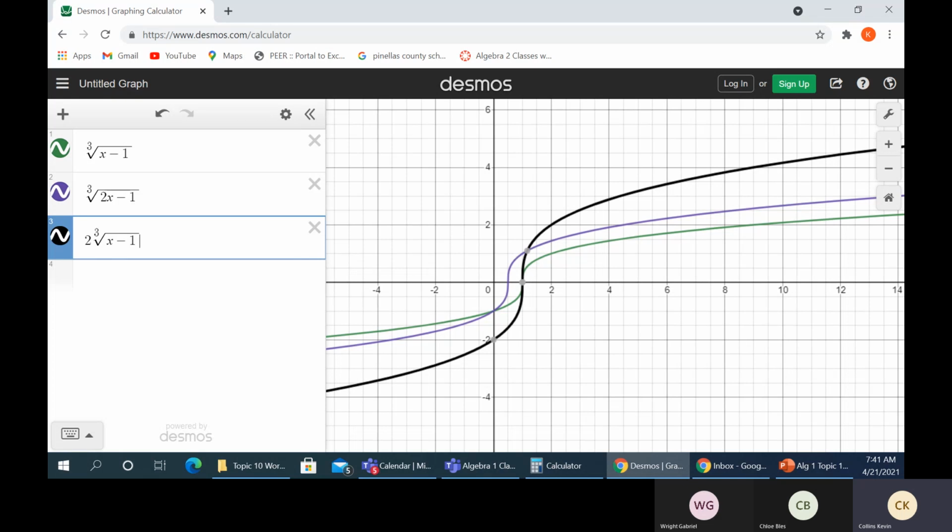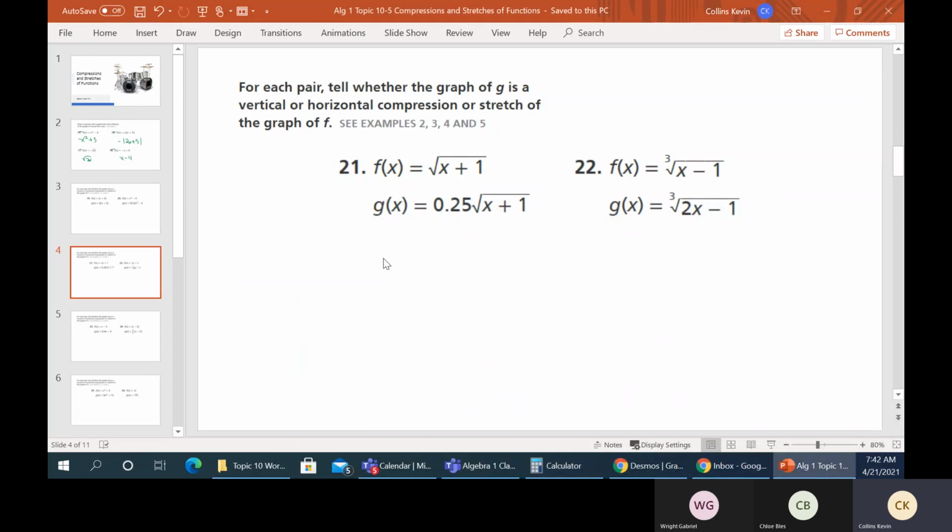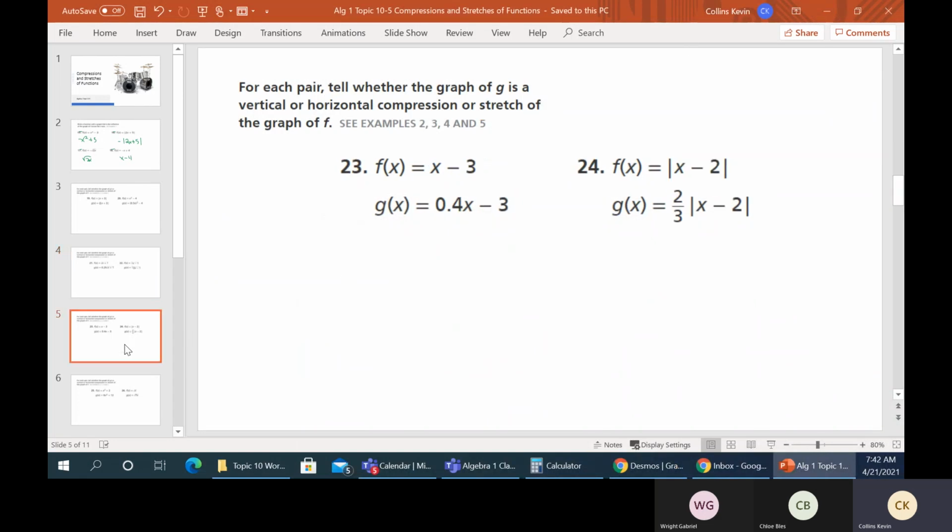Like I said, again, the one in purple actually changed the position of it as well, not just the stretching. So to be a true stretch, you just stick a number out front, okay? And everything else stays the same, like it did in the green one and the black one. Cool. All right, so that guy is a pure stretch? No. A little bit of a technical issue there.